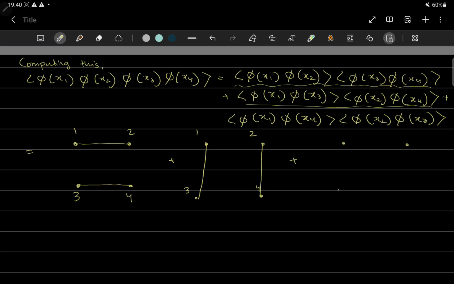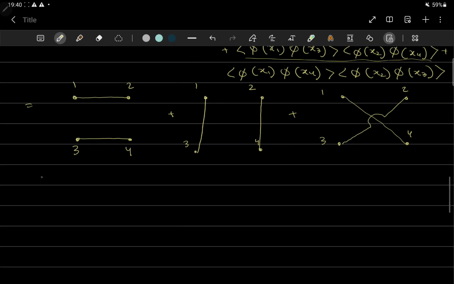Finally, same 4 points, except propagation is between 1 and 4 and 2 and 3. So 1 and 4, 2 and 3. Now remember that this expression is equivalent. It just depicts the propagation from one point to another, so therefore it's the same.